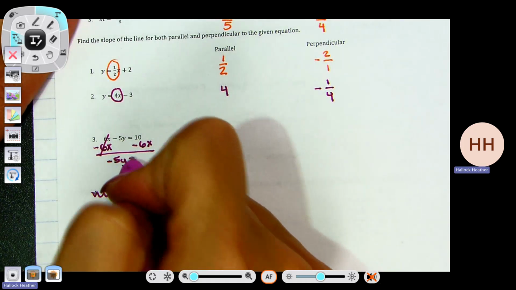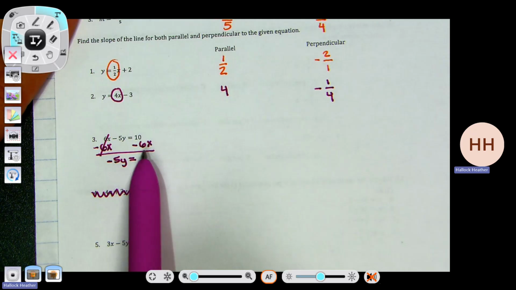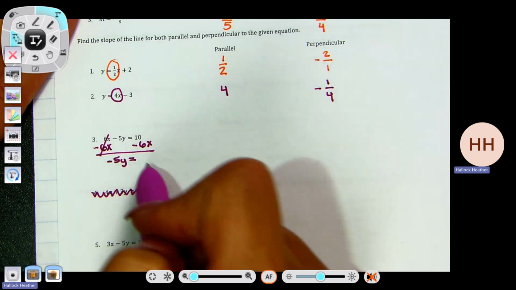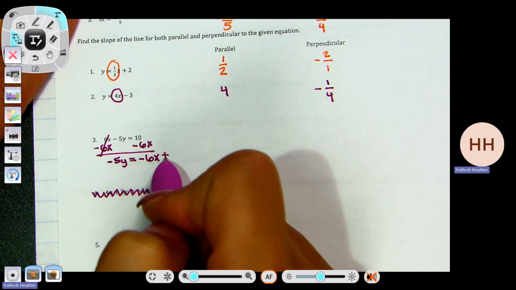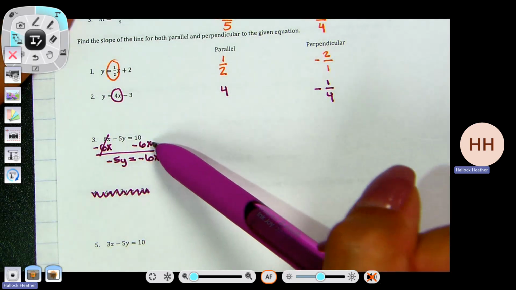So -5y equals, and now you can't combine 10 and -6x because one has an x and one's a number. Normally the slope is next to the equal sign, so I'm going to put the -6x first and positive 10 in the back, just so I don't write 10 minus 6x and then have an extra step to flip it. I cannot combine them because one's a number, one's an x.